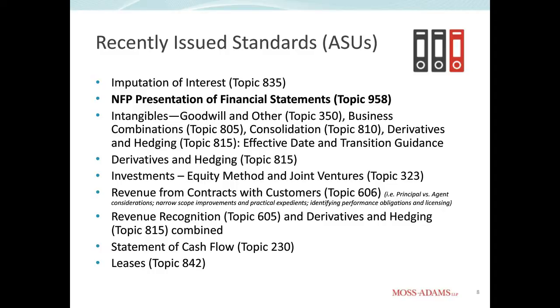A standard that will have a pretty significant impact, of course, has to do with leases. And this is really to increase the transparency and comparability among organizations with leases.